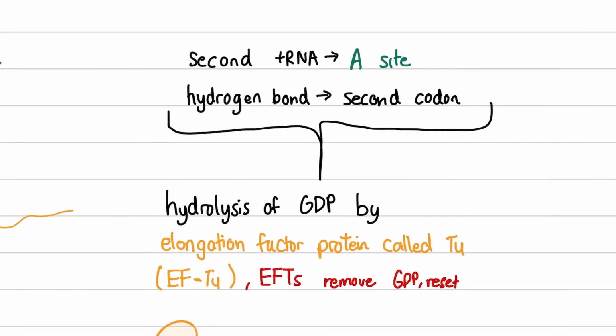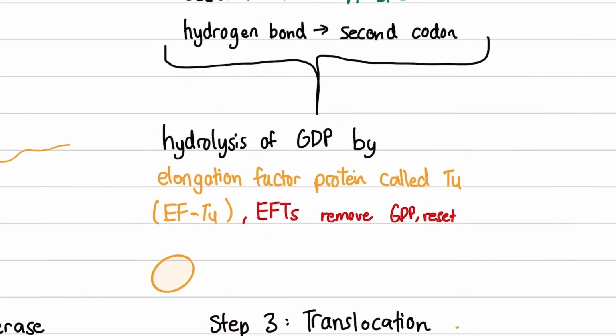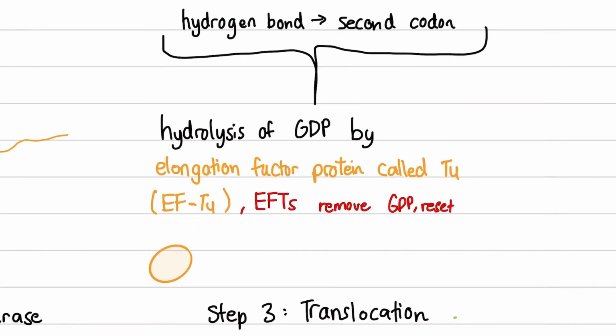And the hydrolysis of GTP happens by something called the EF-Tu factor. The EF-Tu factor is an elongation factor which will hydrolyze GTP to GDP. So what I mean by that is guanine triphosphate to guanine diphosphate.